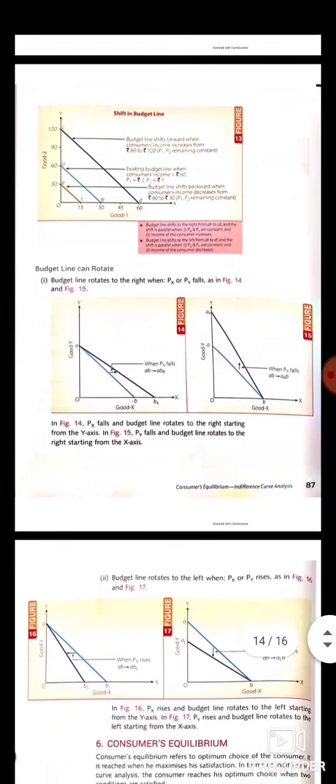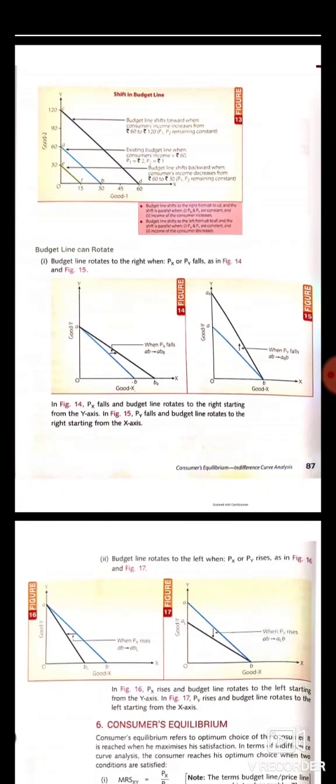Next is, budget line can rotate. Yes, budget line can rotate to the right as well as to the left. So the budget line will rotate to its right in that situation when the price of commodity will fall. In figure 14 or 15, it is explained. Initially, with given income, a consumer was purchasing all the combinations which were shown on the AB line.